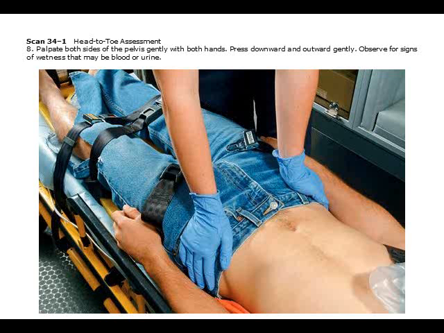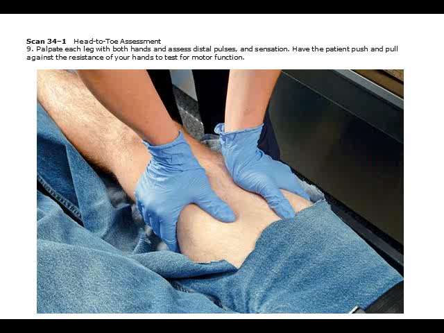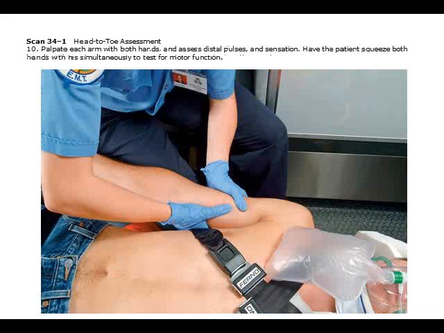Look for priapism. Palpate each leg, going down, down, down. Have them push and pull against the resistance of your hands. Each arm. Have them squeeze your fingers simultaneously to check motor function. Check peripheral distal pulses.